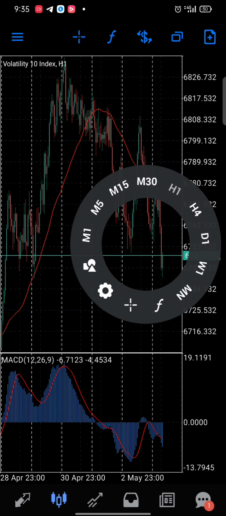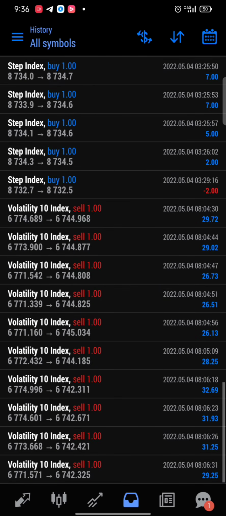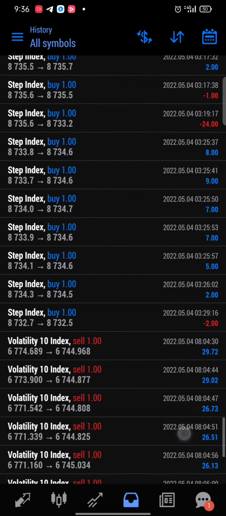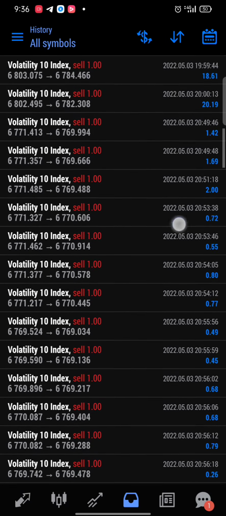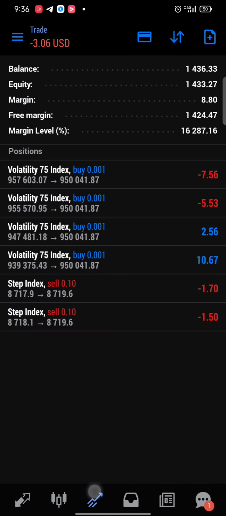Seeing the daily time frame as well, the moving average is above the chart, which indicates a sell using our amazing strategy. Since then we have been eating from it. You can see we've been taking profit from volatility 10 index, just selling, trading towards the direction of our overall analysis on volatility 10 index.